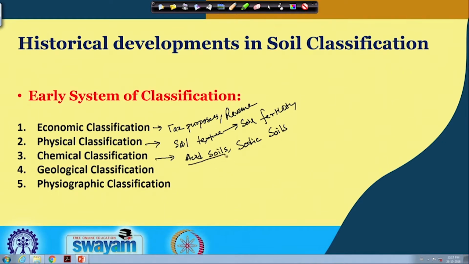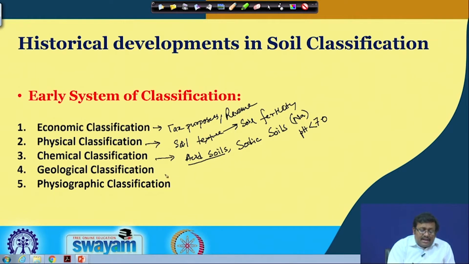The acidic soils are those soils which have a pH value of less than 7, whereas sodic soils are those soils which have a high concentration of sodium ions, and both of them are problematic soils. We will discuss them in detail later on. So, the chemical classification is based on chemically dividing the soil into certain groups.